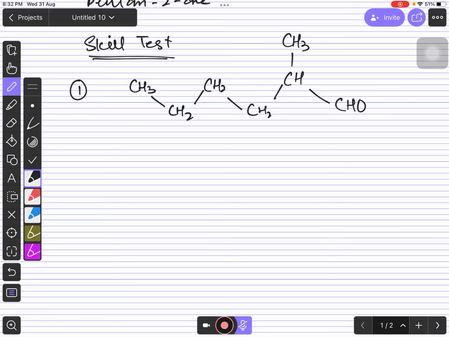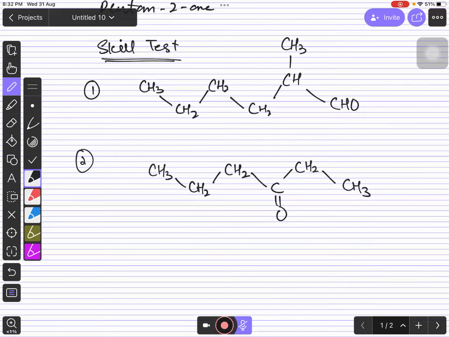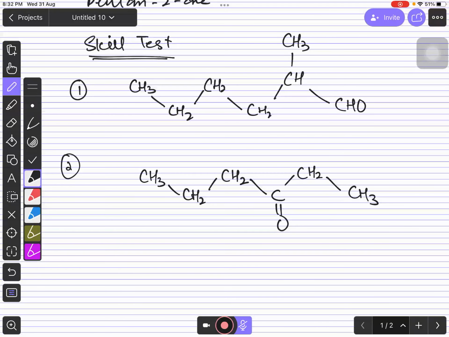Then, for example, if you have another one like this, CH3, CH2, CH2, C double bond O, CH2, CH3. What is the name of this molecule? Then, for example, if you have this structure, what is the name of this structure?